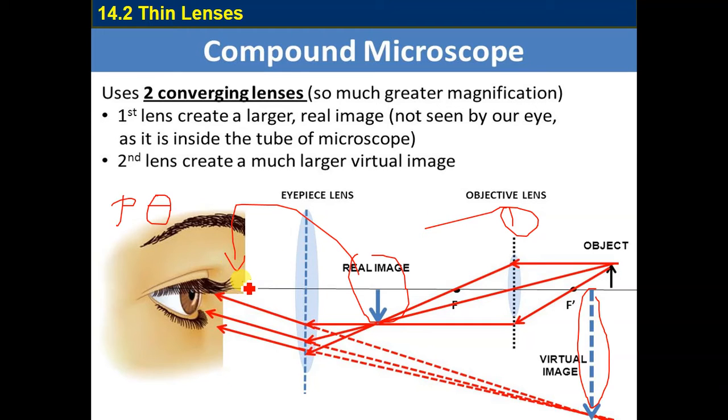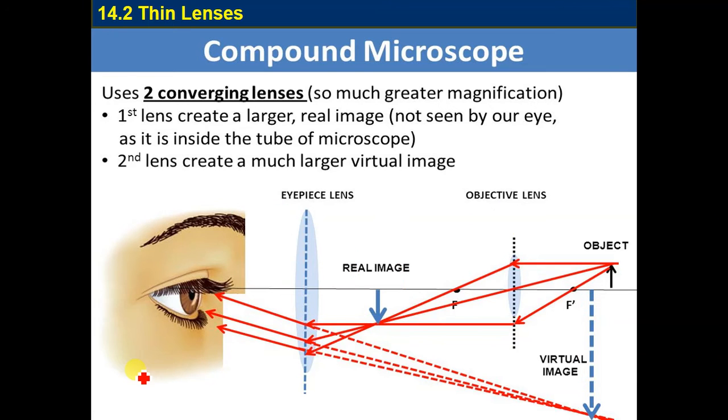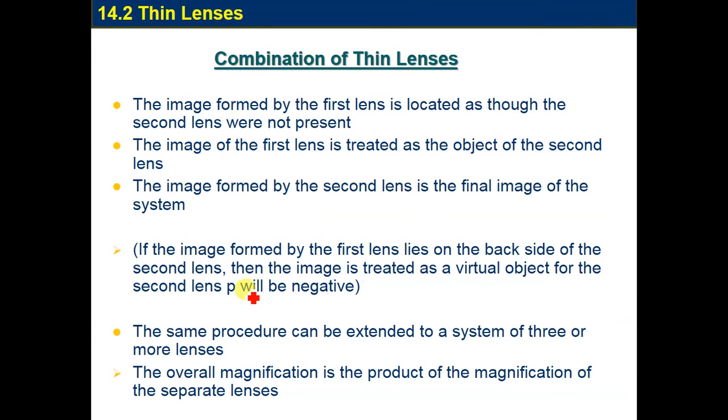So this object for the eyepiece lens will be virtual and its sign will be negative only in this case, but you will not take it, we will not work on it in any numbers.